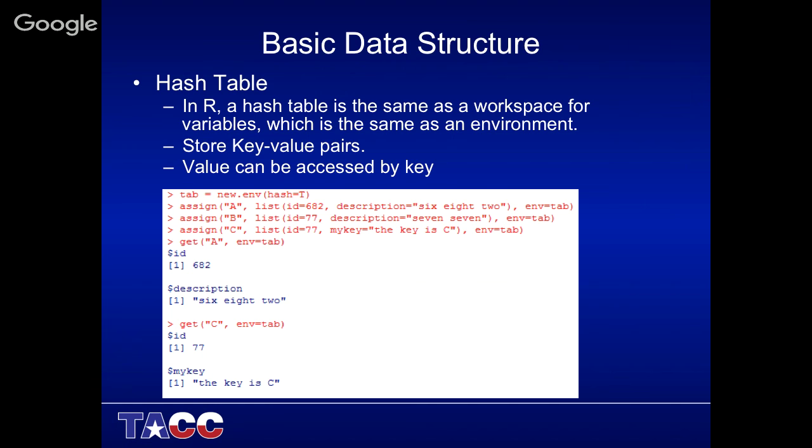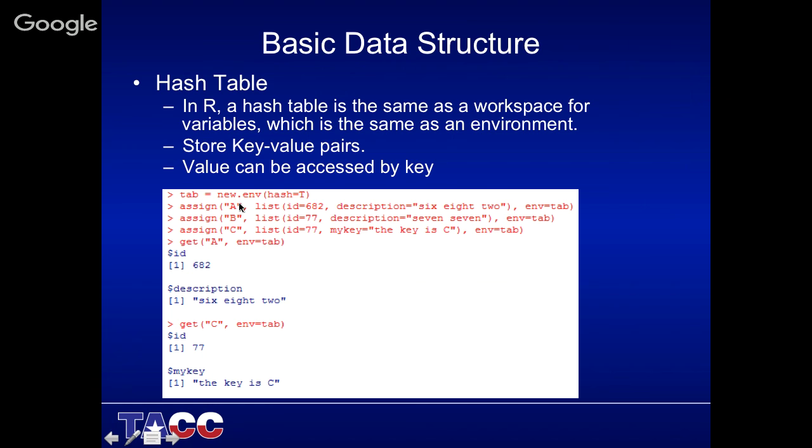So if you look at some examples here, what we're doing is we're creating a new environment variable, and its type is a hash table, and we're assigning it to this variable tab. Then we're using this assign function, and we're saying, okay, this is the key, this is the value, and the key and value can be all different types. So you could assign anything to it.